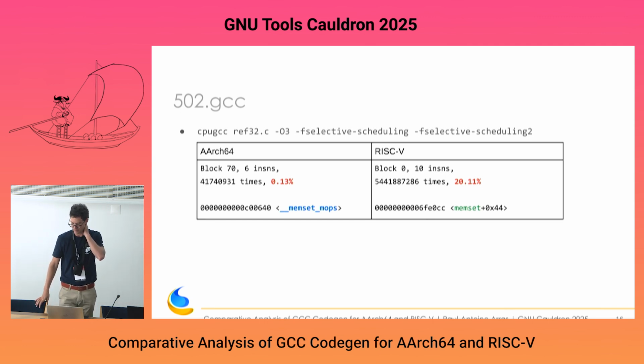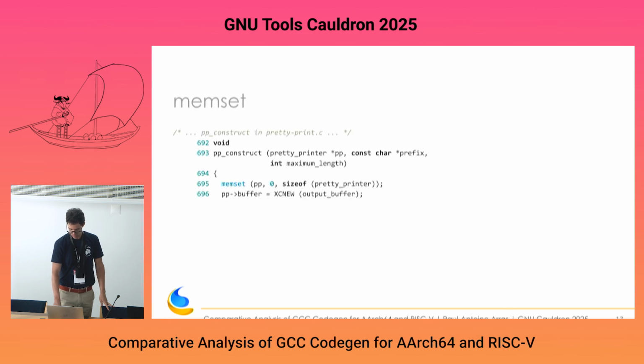If you look at calls to memset, on RISC-V, it's the top spot. It takes like 20% of the time. And for AArch64, it's basically at the bottom, and it takes 0.13%. But yes, as you said, it's not the same function, because on AArch64, it's using the MOPS optimized version.